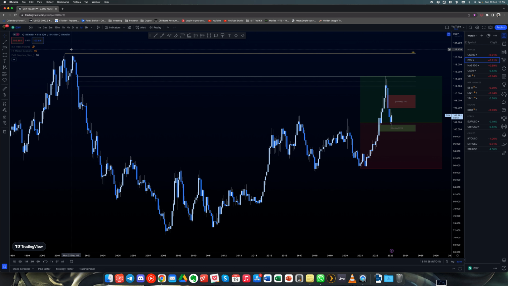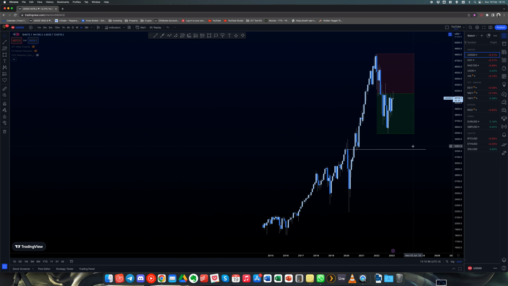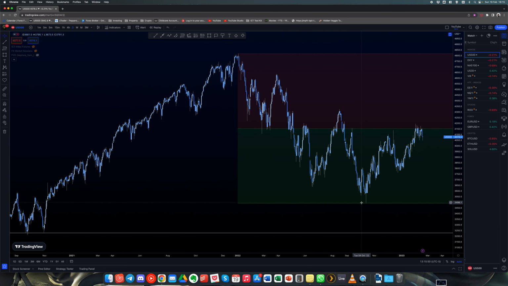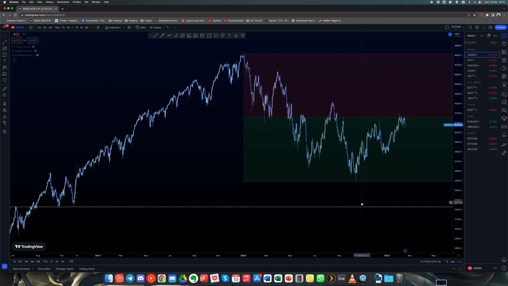Obviously, this is months and months and months away. However, for anybody that does buy and hold investing, dollar cost averaging, and is investing in the stock market, this is going to be of some benefit, because when we go down to the daily time frame here, it doesn't look great for long-term lower levels.